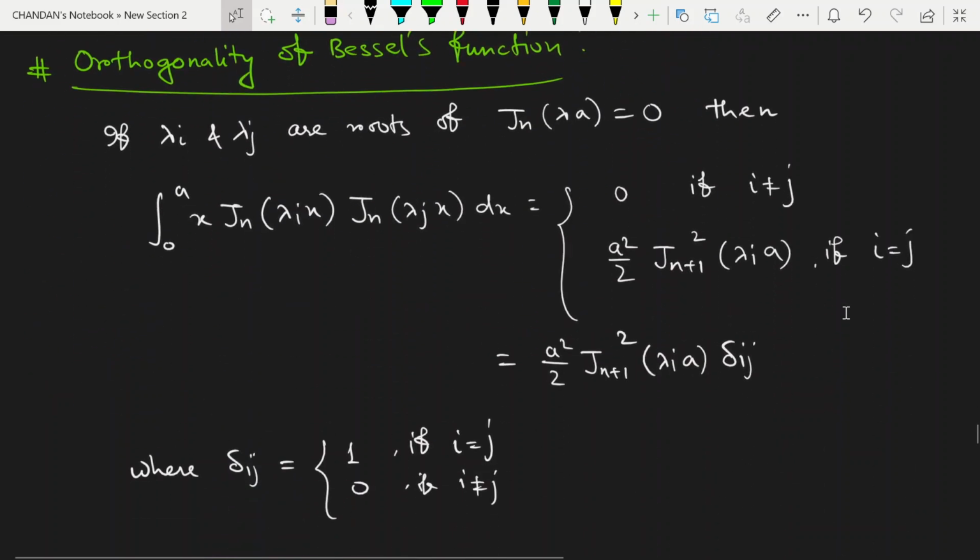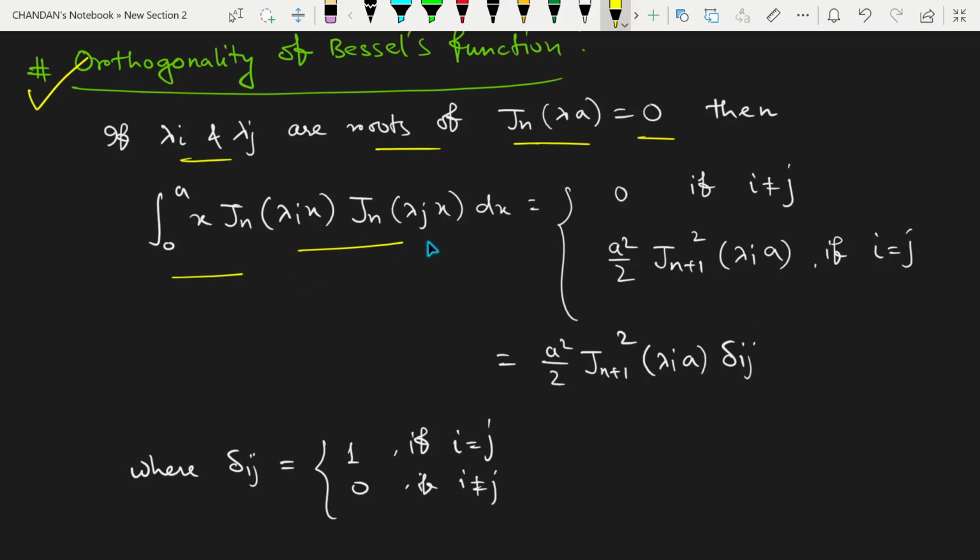Now the most important property of Bessel functions is the orthogonality property. From this orthogonality property most of the questions come in GATE and other exams. So look, if λ_i and λ_j are roots of J_n(λa) equal to 0, then the integral from 0 to a of x J_n(λ_i x) J_n(λ_j x) dx is equal to 0 if λ_i is not equal to λ_j, and equal to a² by 2 J_{n+1}² of λ_i a if i equals j.